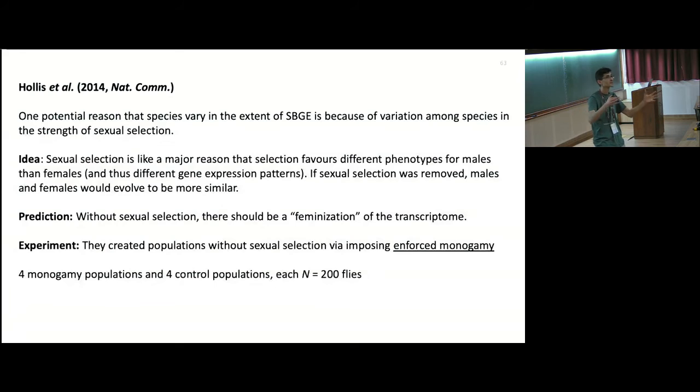The idea is that sexual selection on males is one of the major things that causes selection to favor a different phenotype than in females. If sexual selection were removed or diminished, then males and females wouldn't be selected to have such different phenotypes. That was the basic idea of this.